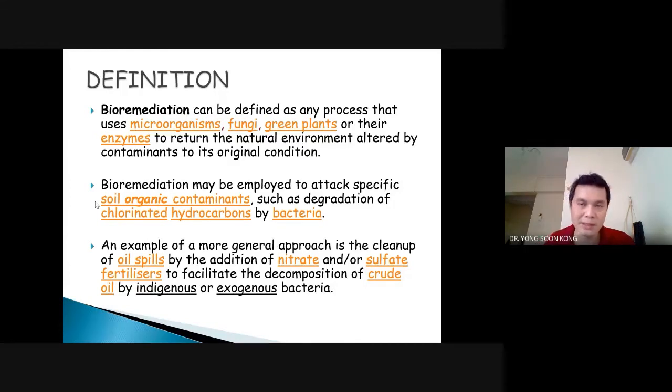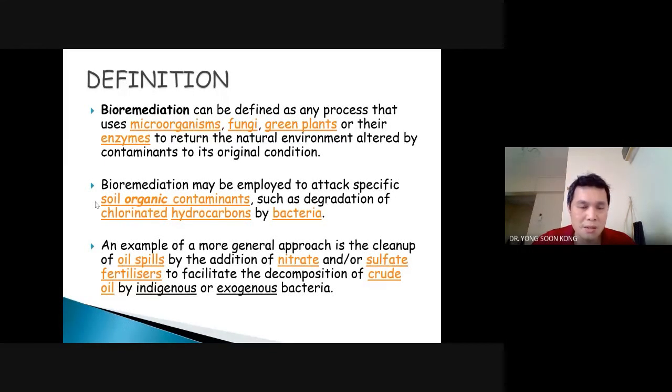They keep killing the same bacteria, and then they try to find, is there any survivor? Is there any surviving bacteria? The bacteria that survives most likely has the gene to overcome the toxicity of PCB, which in here is chlorinated hydrocarbon. So those bacteria, they isolate and use further for bioremediation.